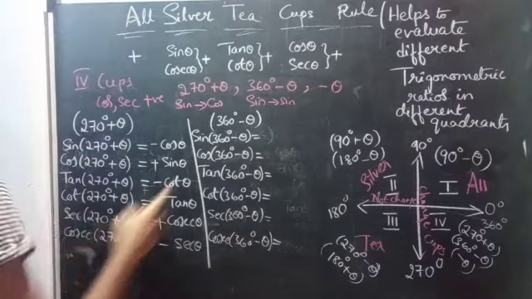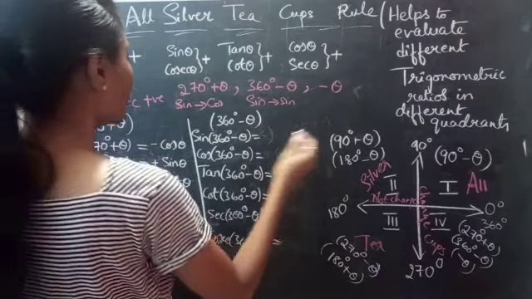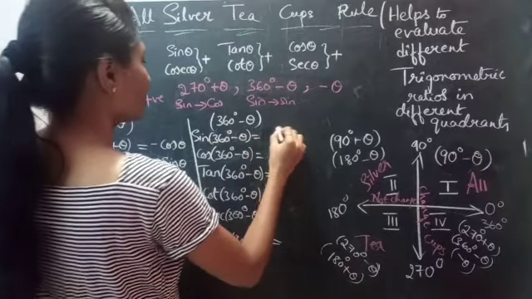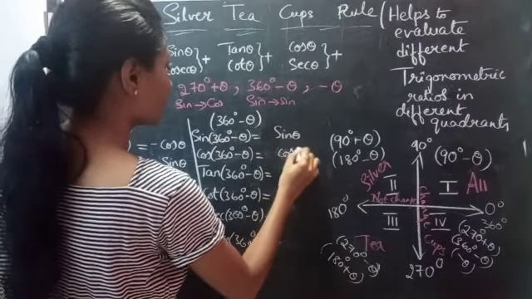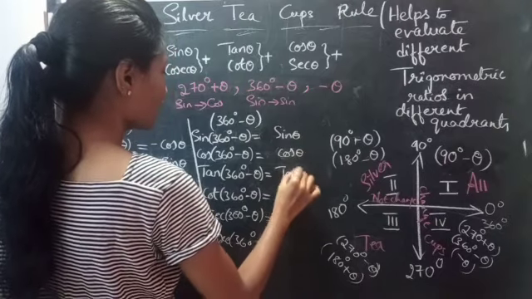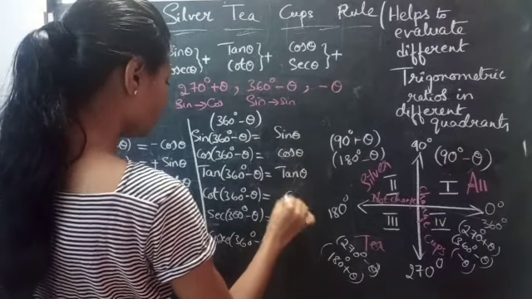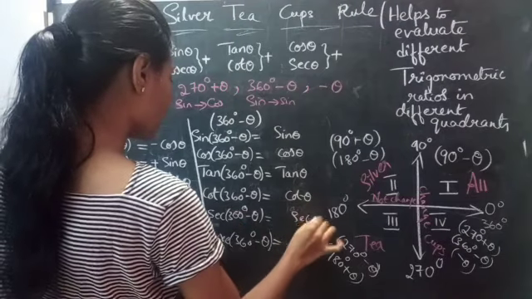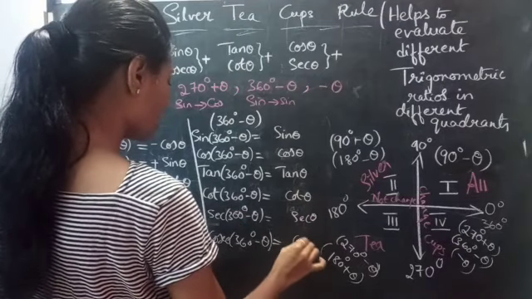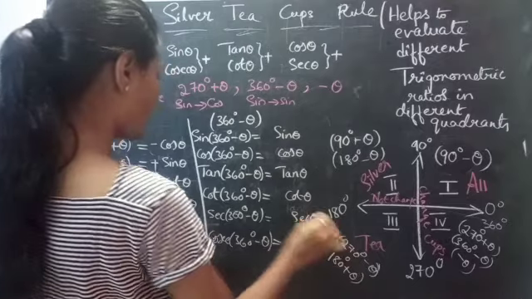Okay. For 360, trigonometric functions will not change. Sine to sine, cos to cos, tan to tan, cot to cot, secant to secant, cosecant to cosecant. Okay.